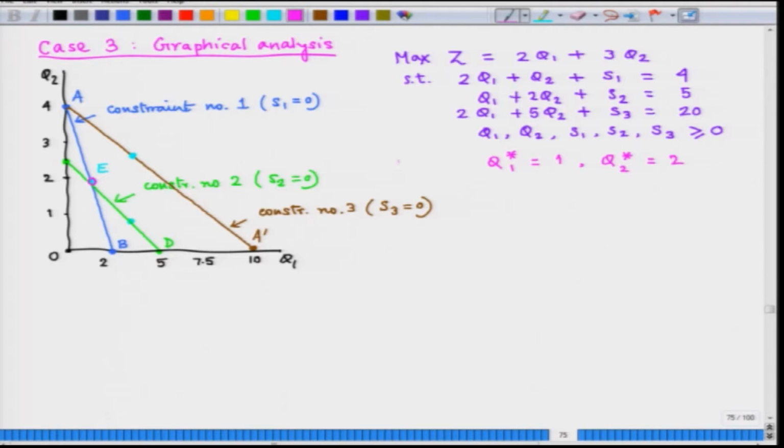Right. So, this is basically the LP solution to this problem.